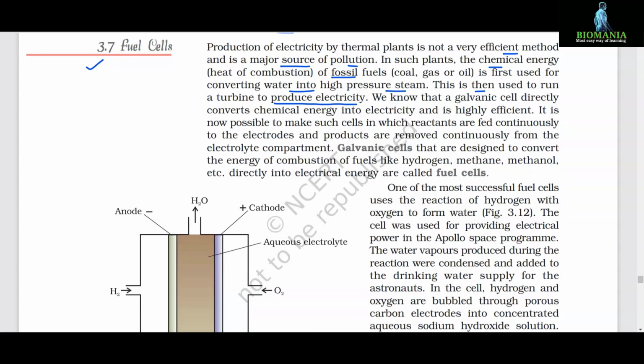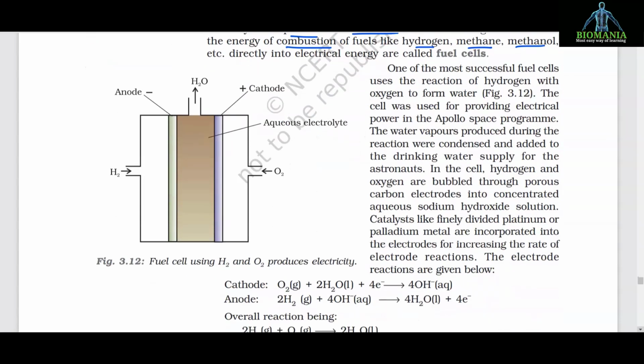We know that a galvanic cell directly converts chemical energy into electricity and is highly efficient. It is now possible to make such cells in which reactants are fed continuously to electrodes and products are removed continuously from the electrolyte compartment. Galvanic cells that are designed to convert the energy of combustion of fuels like hydrogen, methane, methanol, etc. directly into electrical energy are called fuel cells.